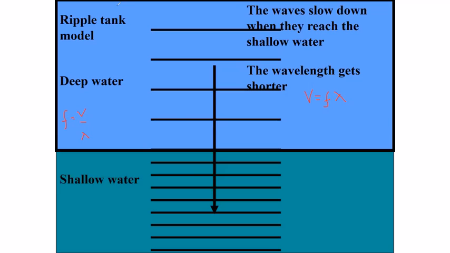For example, in a deep region, it was moving with a speed of 10 meters per second, and its wavelength was 5. What is the frequency? The speed of the wave is 10 and its wavelength is 5. So the frequency is 10 divided by 5, which is equal to 2 hertz.